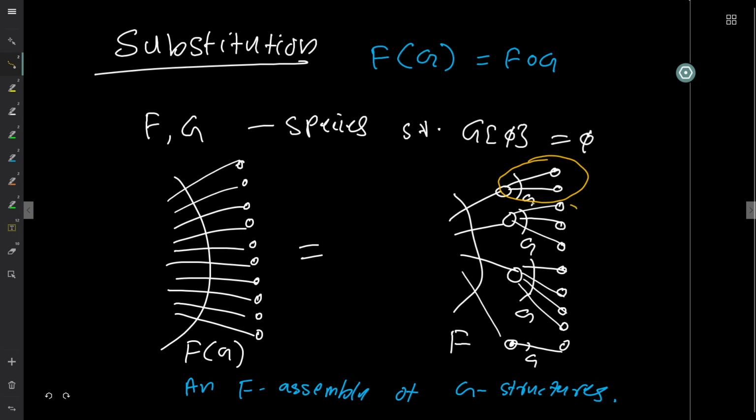Okay, so you put G structures on each of the parts. And then considering these G structures as elements of a set, you put an F structure on these elements, right? So on the G structures. Or basically it is an F assembly of G structures. You are assembling the G structures into an F structure. Okay, so this is called the substitution.